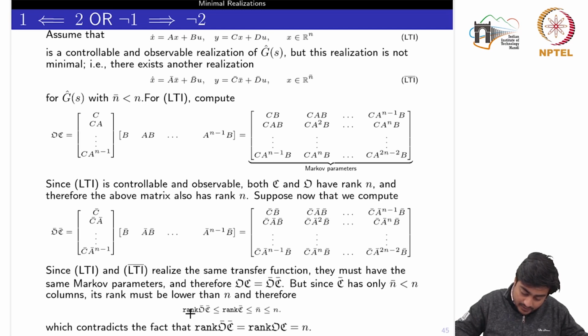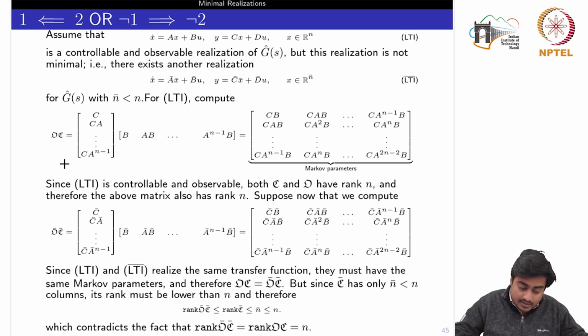Therefore the rank of this multiplied matrix would be less than or equal to the rank of the controllability matrix of this LTI bar, which could be at most n bar, and n bar we already know is less than n. This contradicts the fact that the rank of both these matrices is equal to n. So this is a contradiction.